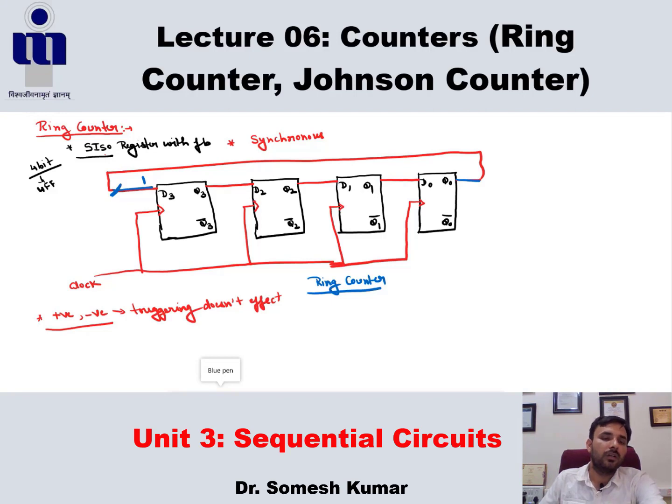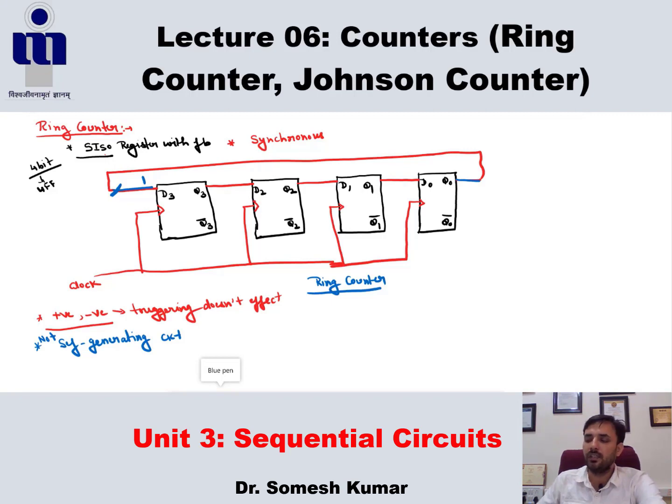Otherwise our flip-flops or our counter does not work. So we can say our ring counter is not a self-generating circuit. For the operation, first we have to disconnect the input from the output and manually give the input 1. So this is not a self-generating circuit.